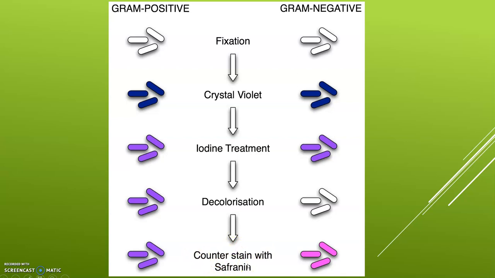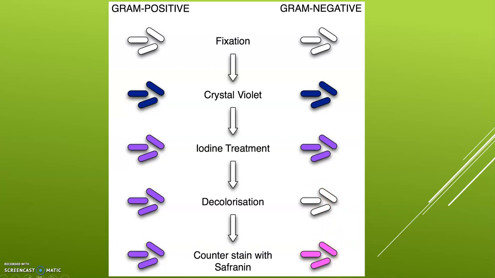So this is the procedure, and you can see what happens to gram-positive bacteria and gram-negative bacteria during it. Gram-positive bacteria will retain the crystal violet stain, that is the first stain, while gram-negative bacteria get stained with crystal violet, then lose the color during decolorization, and then when counter-stained get stained with safranin.